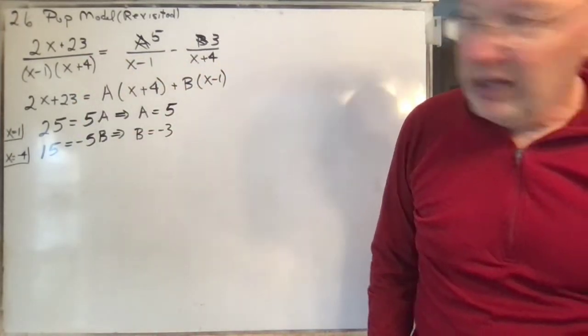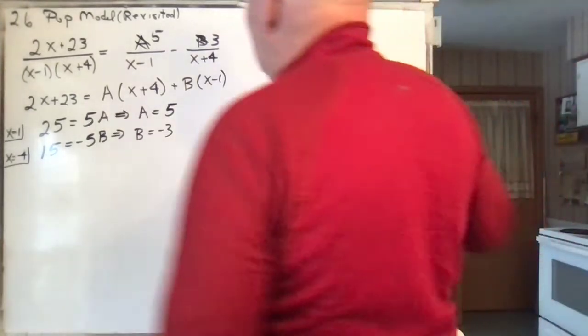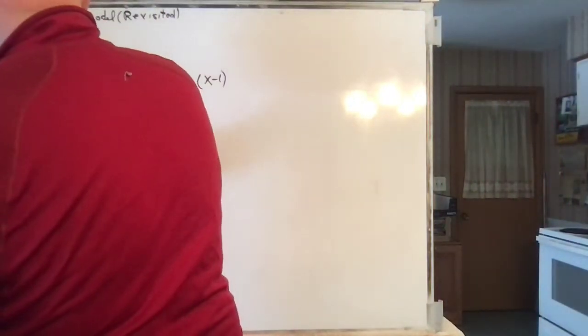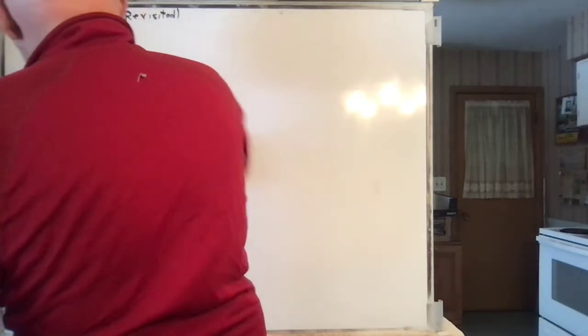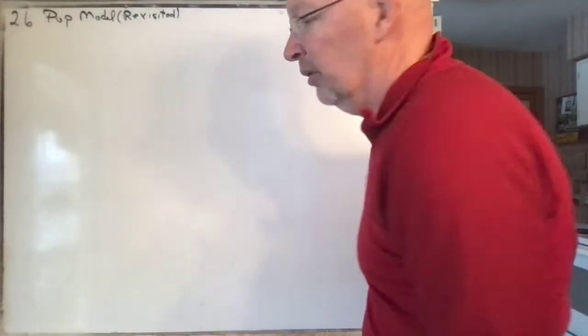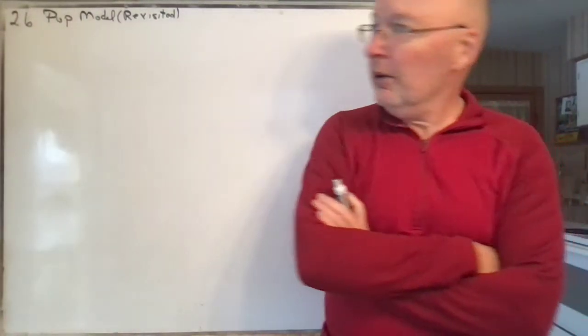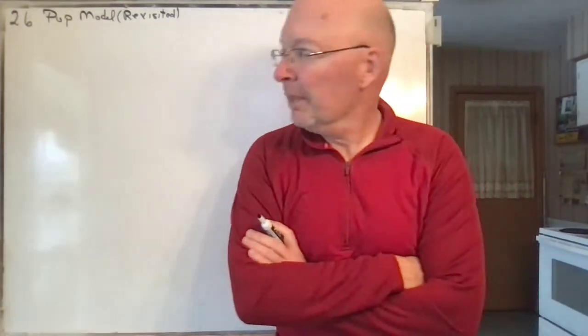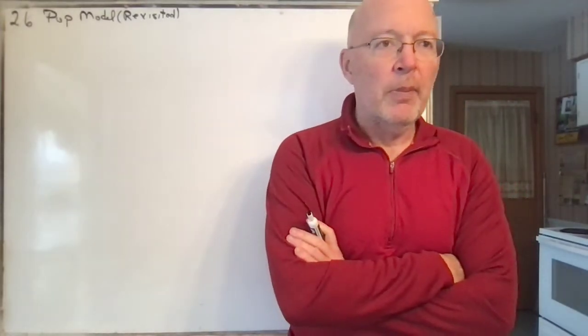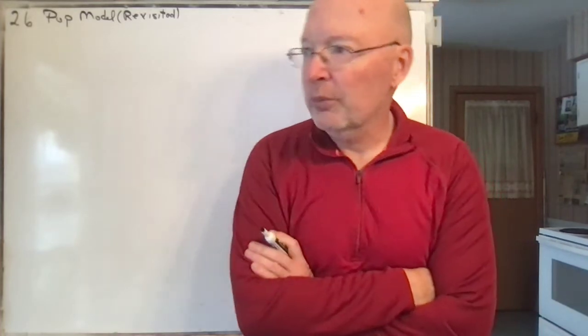Okay, so that's what I wanted to start with, just by way of a little preliminary work, just-in-time calculus 2 in order to do this. So now let's go back to our model for population. Recall what we had.